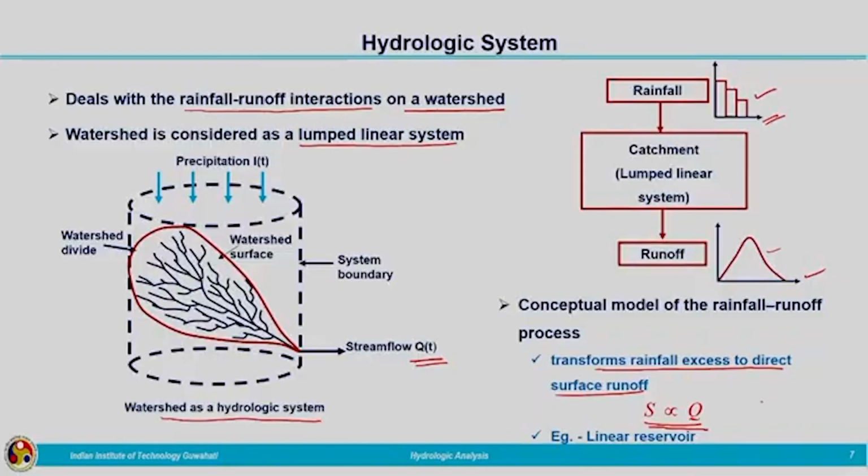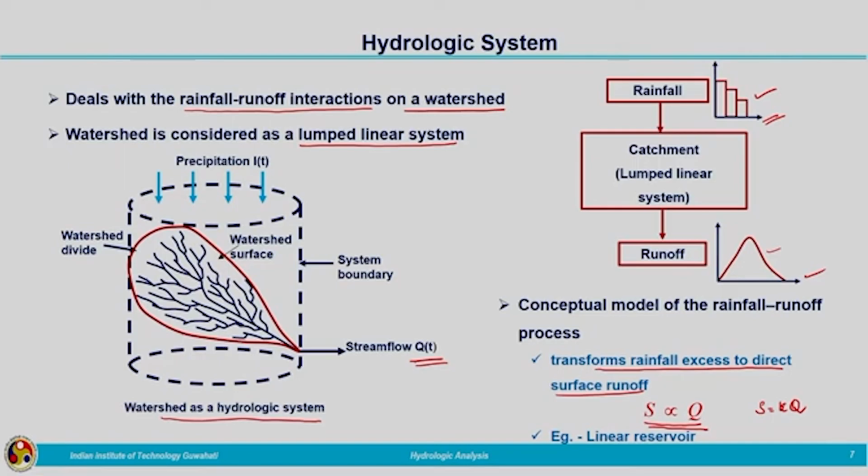In this, the assumption is that whatever storage is taking place within the catchment or the linear reservoir is directly proportional to outflow, or this proportionality constant can be introduced and it can be written as S is equal to KQ. This K is representing the storage coefficient of the reservoir.